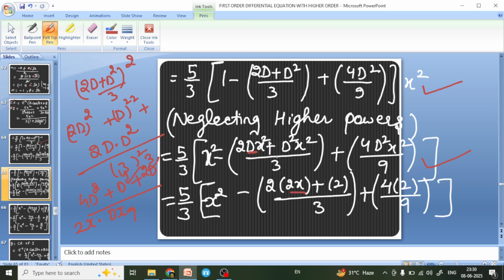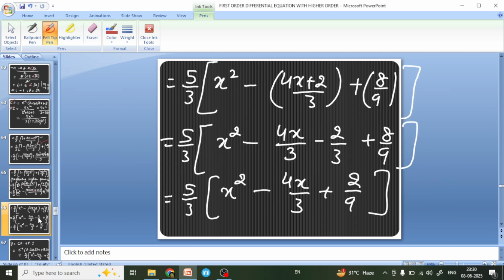In place of dx square we will write 2x, and in place of d square x square we will write 2 over 3. Replace these values, and after solving the whole equation we will find 5 by 3 x square minus 4x plus 2 over 3 plus 8 by 9.